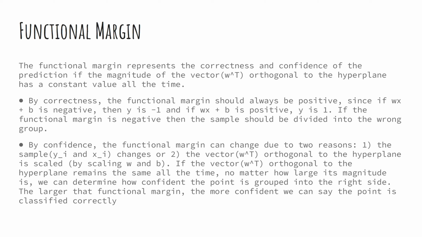For correctness, the functional margin should always be positive, since if wx plus b is negative, then y is negative 1. If wx plus b is positive, y is 1. If the functional margin is negative, then the sample should be classified into the wrong group.